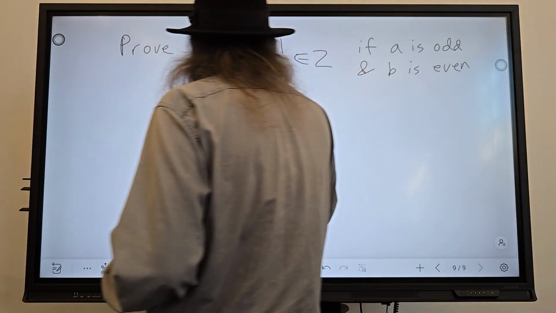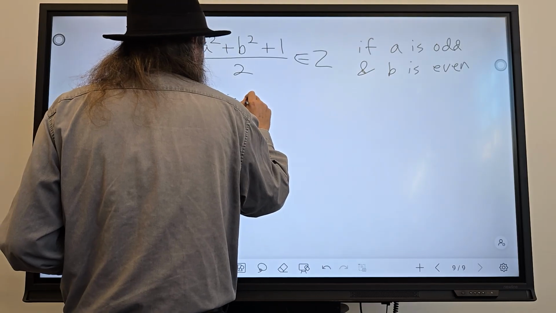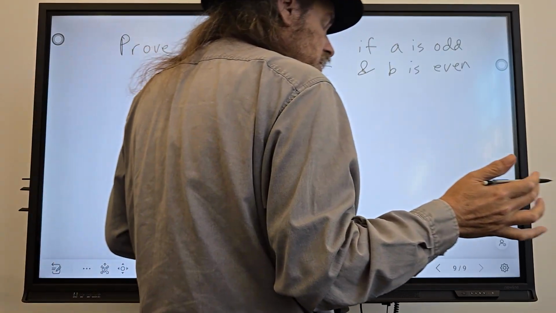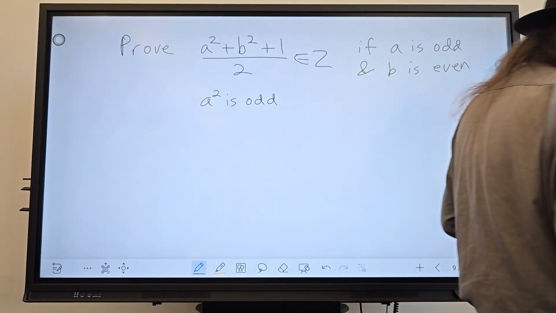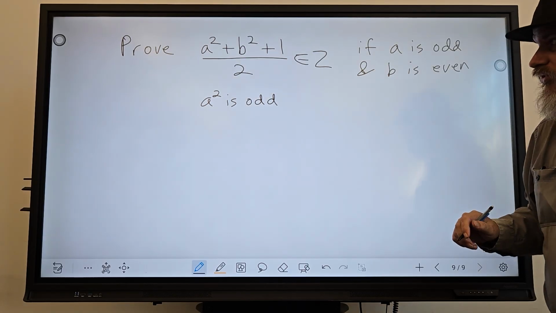Therefore, let's see here. a squared is odd because an odd number times an odd number is odd. Product of two odd numbers is odd.